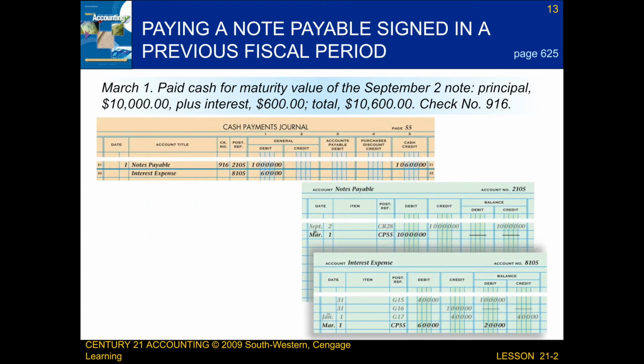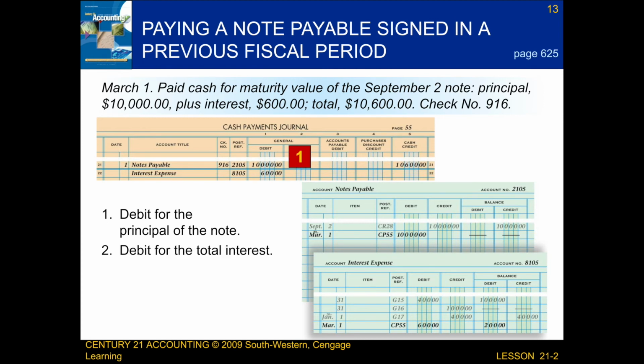So when we pay a note payable that was signed in a previous fiscal period, there are multiple steps that we have to follow in order to complete this process. First, we record a debit for the principal of the note, which is $10,000, in the general debit column. Next, we record a debit for the total amount of interest, which is $600, in the general debit column.